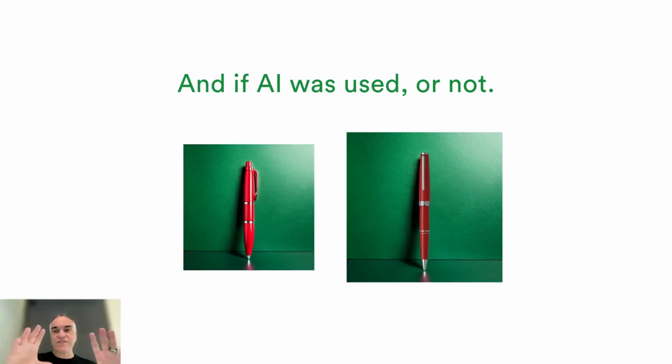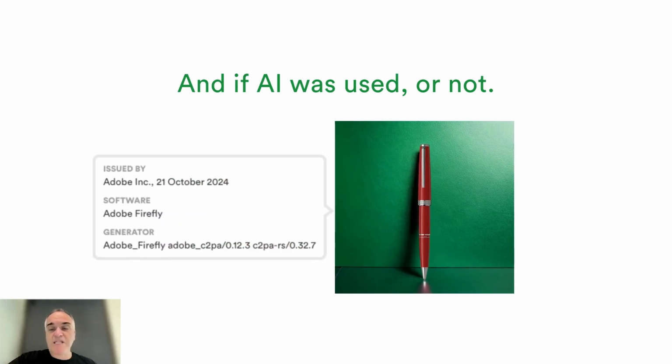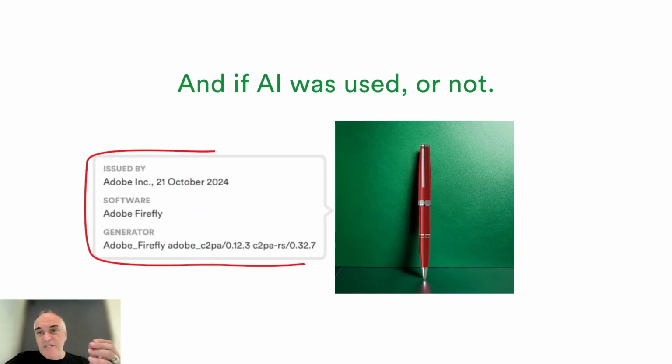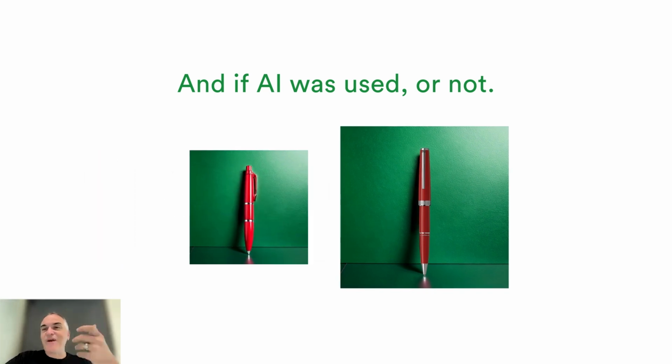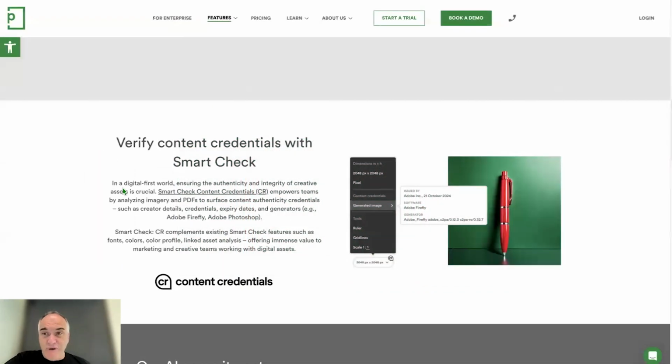You can see from the screenshot in front of you, this is where PageProof is telling us, hey, this image came from Adobe Firefly, and it was generated at this time. So we know that this is a generated image as opposed to a piece of photography. This circles back on AI because now we're checking and giving you information about whether the content is AI generated or shot from a camera, for example. So content credentials are really important, and we'll come back to them very soon.